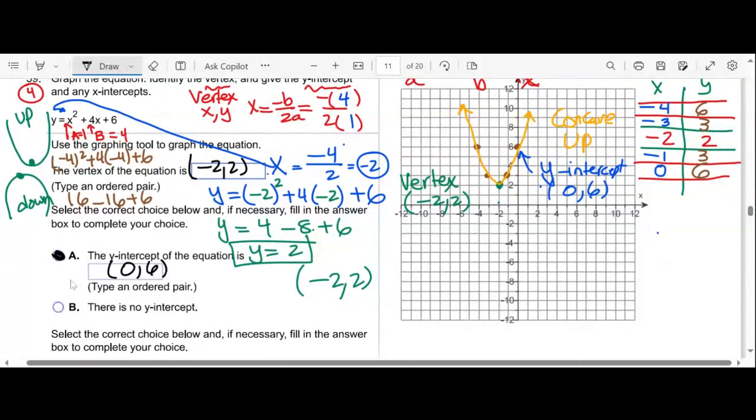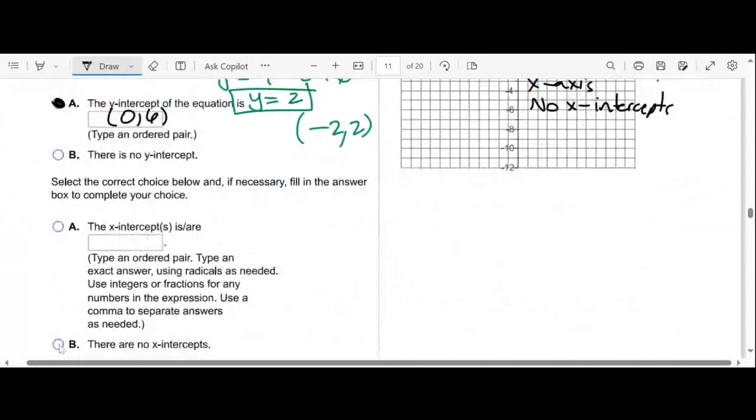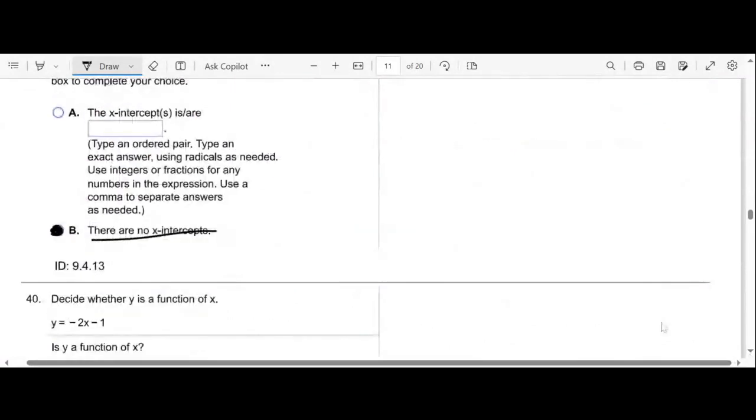So the answer is A. There's no x-intercept, because it's not intersecting the x-axis. So that's the next question, I think. Okay, so we are done with that question.